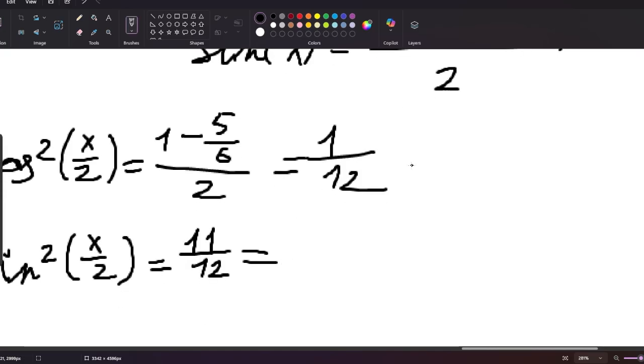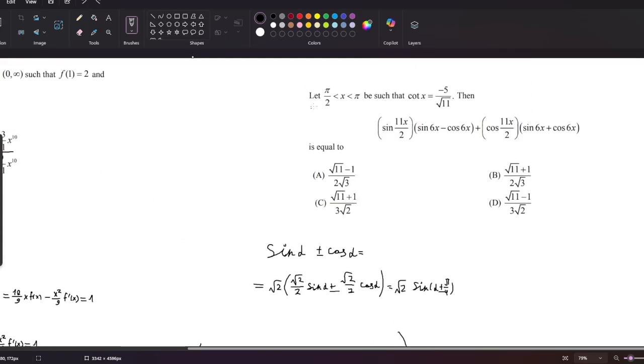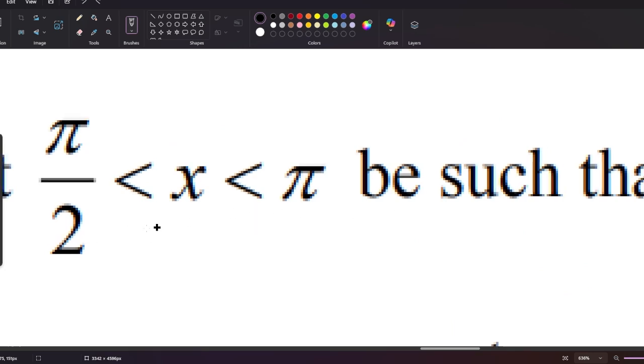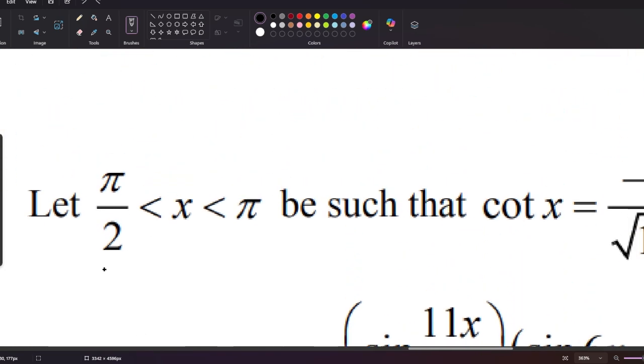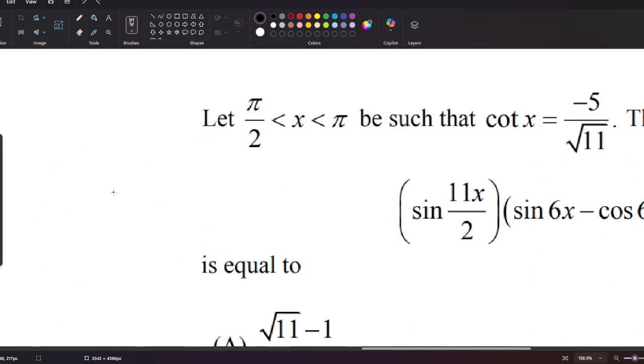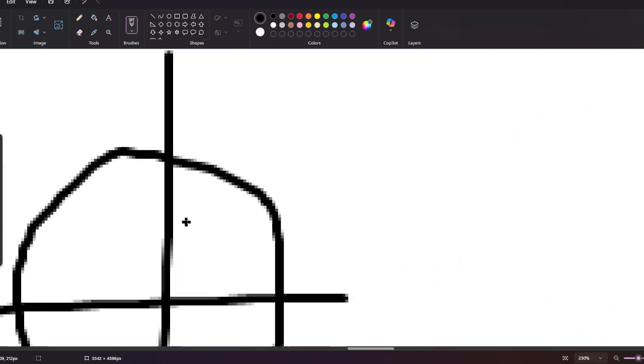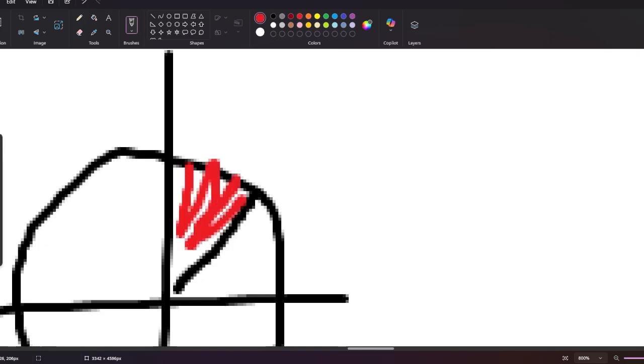Okay. Now, let's find cosine and sine themselves. Looking at the fact that x lies in this quadrant, after dividing by 2 it's gonna lie in the very first quadrant, well, a section of it. If we were to draw a circle like that, x would lie in this area.